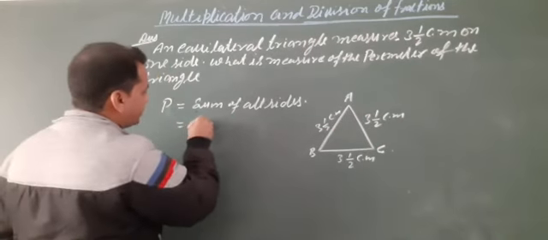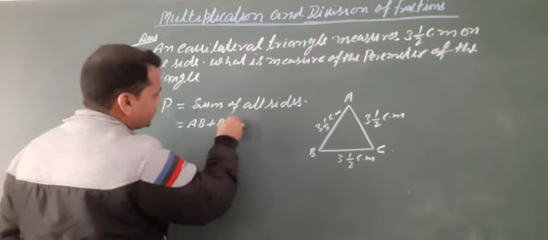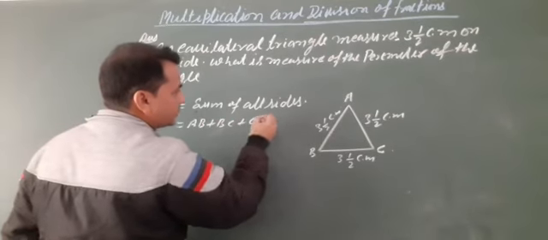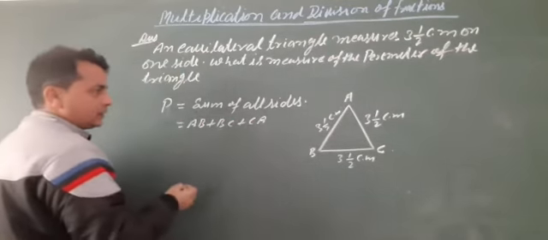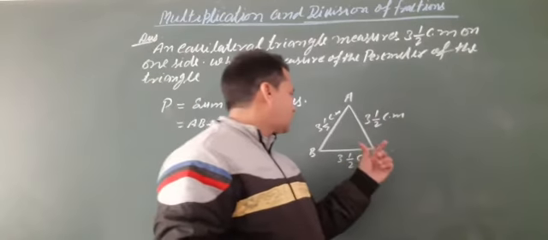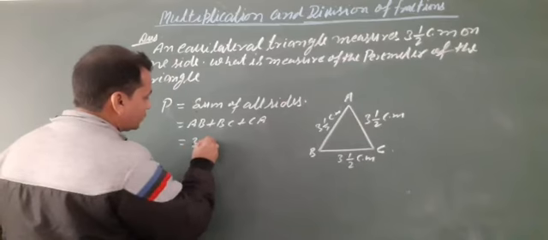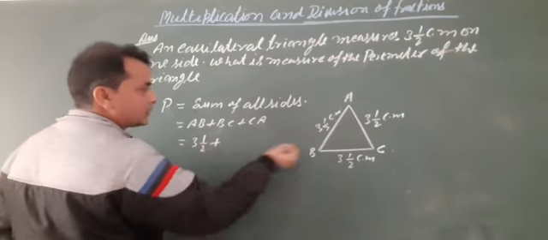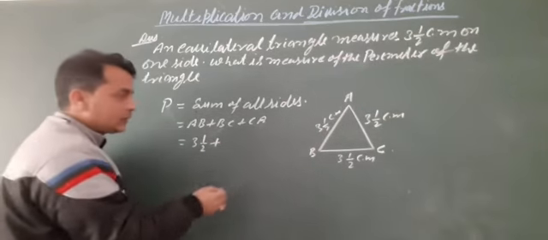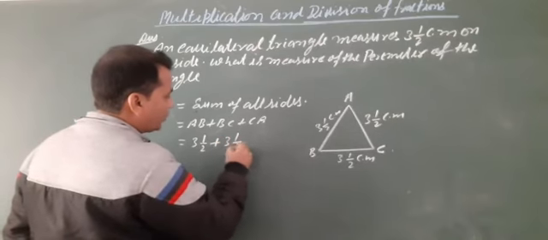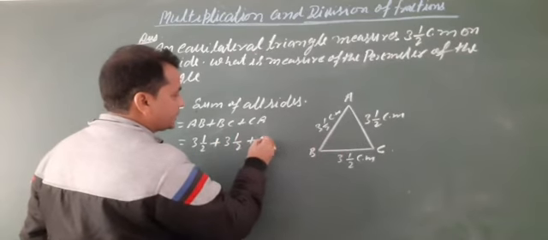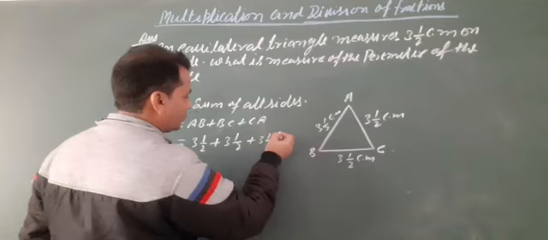Then AB plus BC plus CA, and the length of side AB is 3 whole 1 by 2, plus the length of BC, that is 3 whole 1 by 2, plus AC 3 whole 1 by 2.